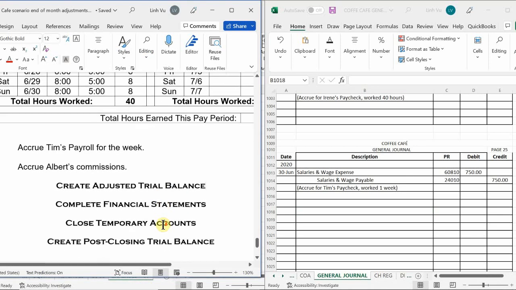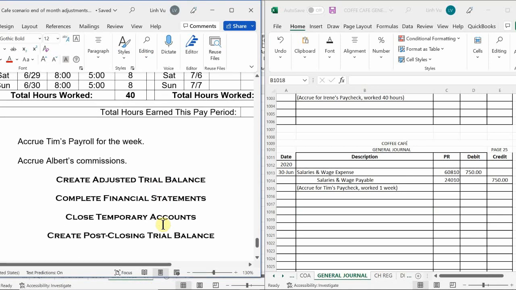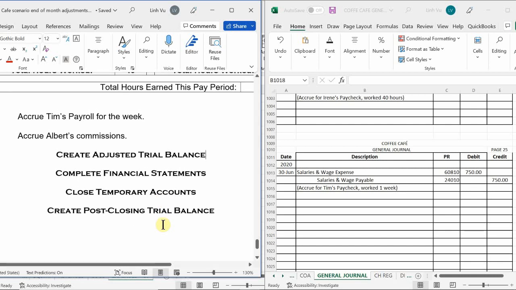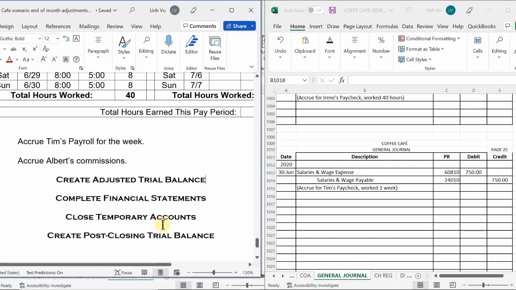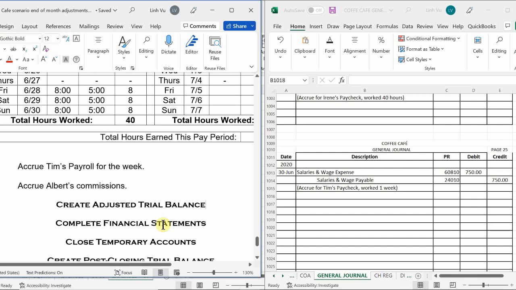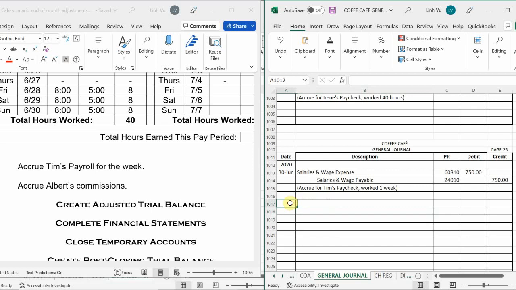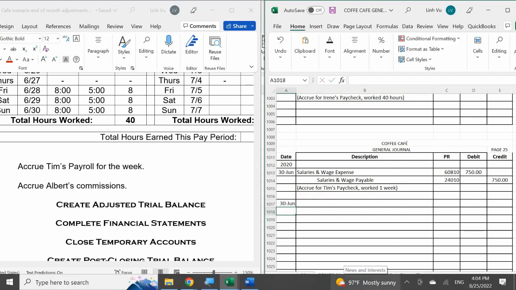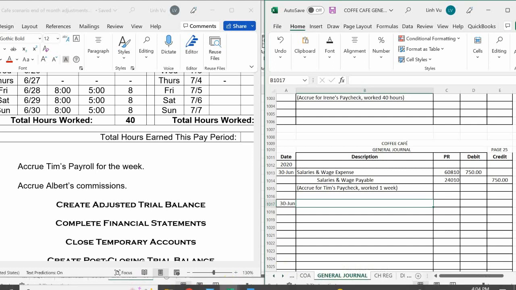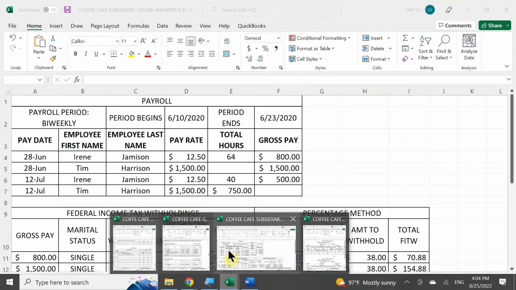Last but not least, we need to accrue for Albert's commissions, and then we can go ahead and start creating the adjusted trial balance, which we'll wait till Monday. So how do we do that? Well, we've been recording commission expense on the subsidiary ledger, so we go check what we owe him.